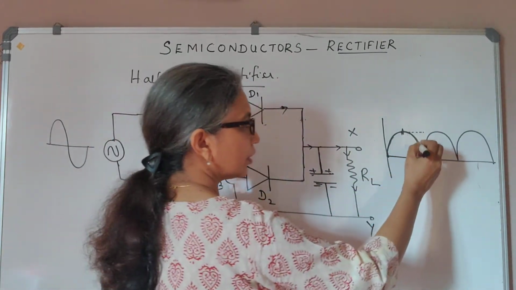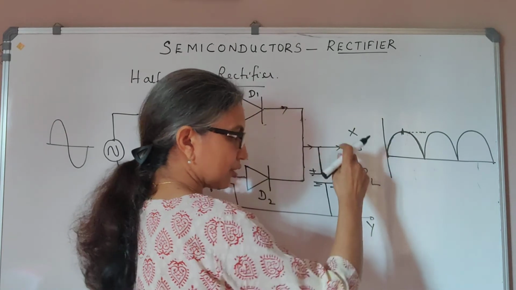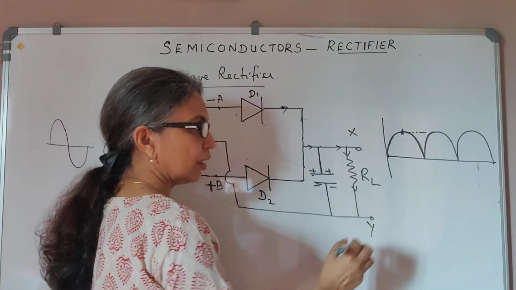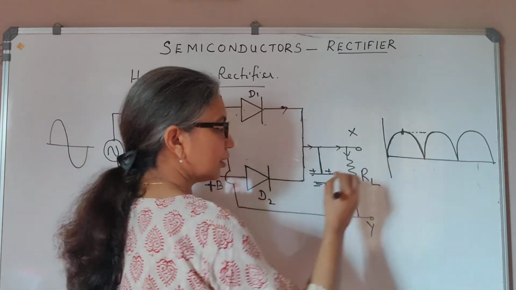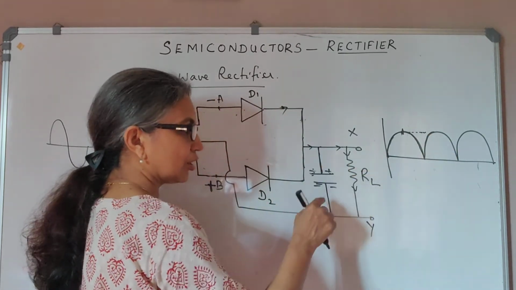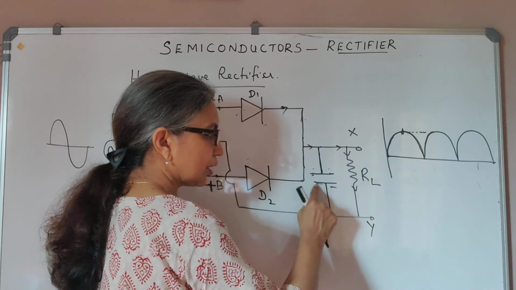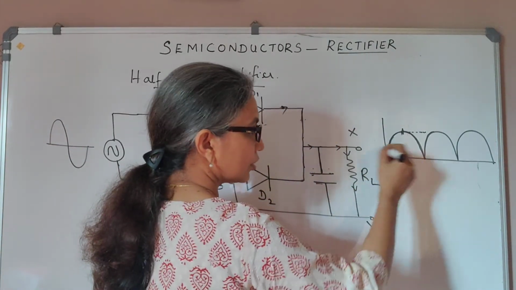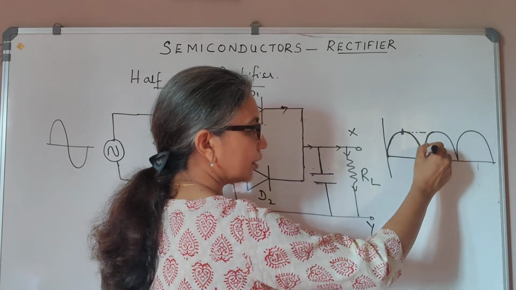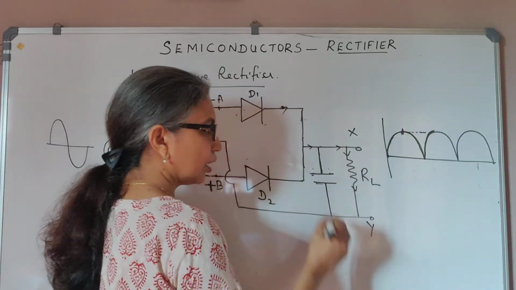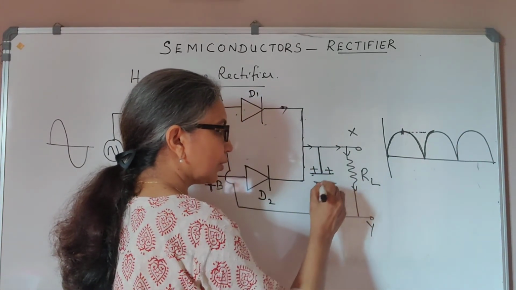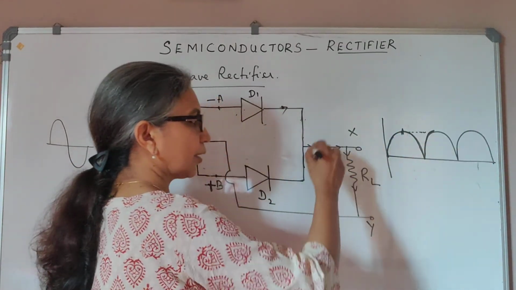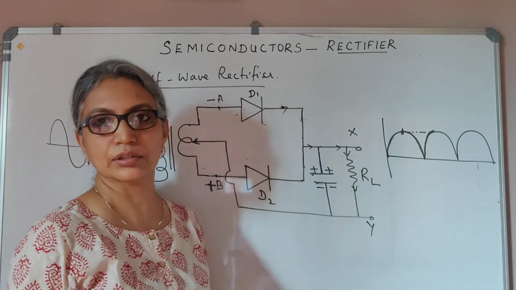By the time it starts discharging, the next increase has already happened in RL, and during that increase the capacitor will now recharge itself, because while it discharges it loses its charge, right? So while there is already current through RL and the voltage across RL is increasing, during that time the capacitor will recharge itself, and while it decreases the capacitor will discharge, giving current through RL.